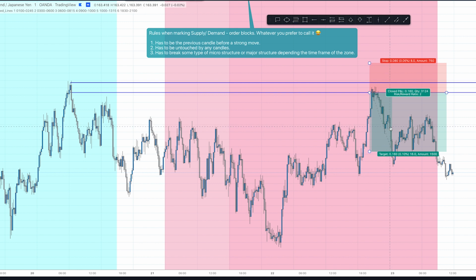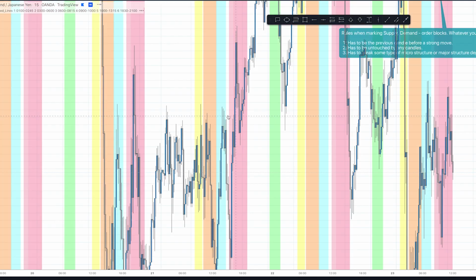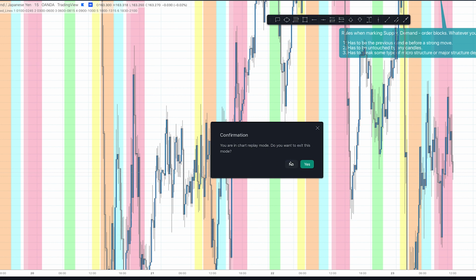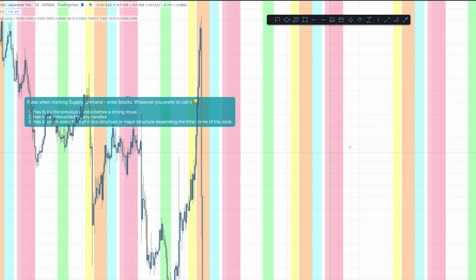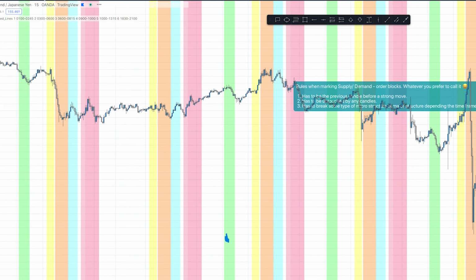So let me give you guys another example, so you can see how precise this is on M1 and the higher time frames as well. Let's go to the M15, for example. Let's get out of replay. Okay, let's go somewhere random.